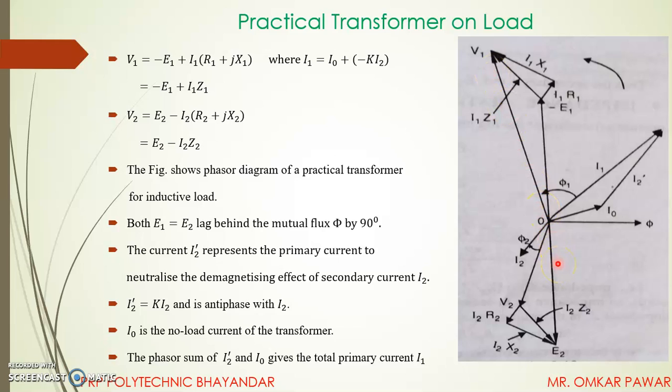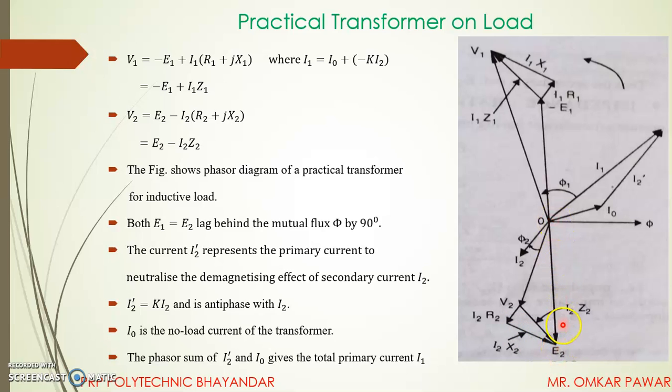Second, in order to get V2, E2 minus I2 R2, so minus I2 R2, and minus JX2.